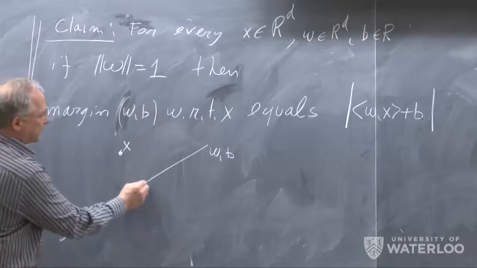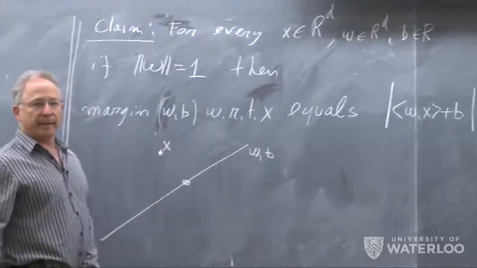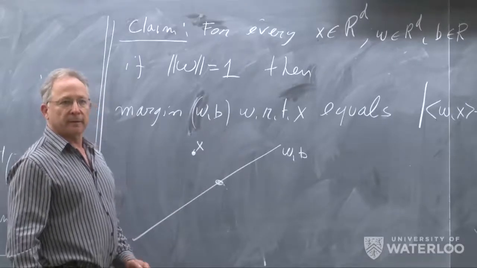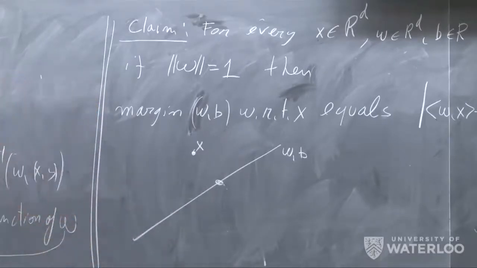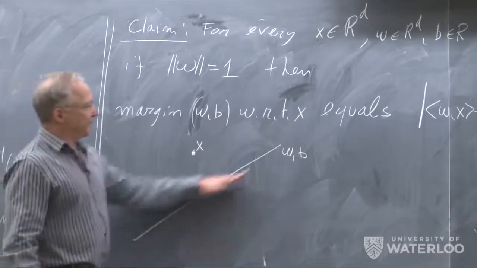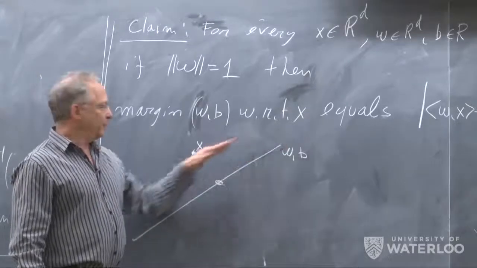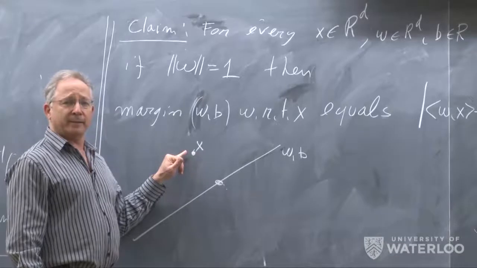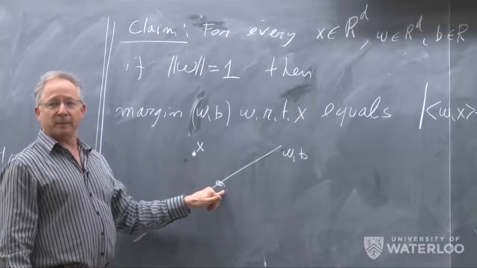How will I pick this point here that minimizes the distance to the line? Algebraically, how will you pick this point? If you have a linear space and a vector outside the linear space, anybody remembers how do I find the distance between the vector and the subspace?